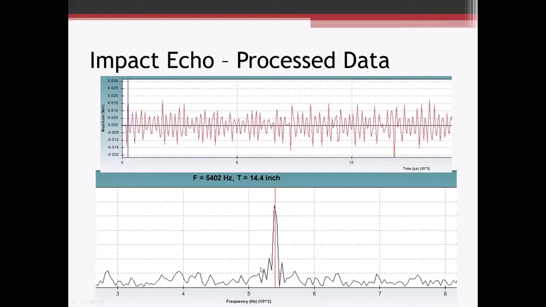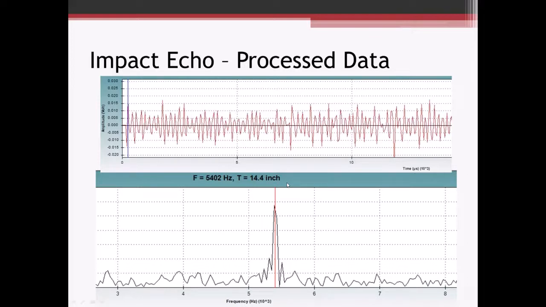We figure out what that dominant frequency is, and then based on the wave speed in concrete, which we can either estimate or maybe figure out using ultrasonic methods, we can figure out what the thickness is. This particular wall was supposed to be 14 inches thick. I estimated the wave speed at about 13,000 feet per second, and you can see here I got a measured thickness of 14.4 inches.